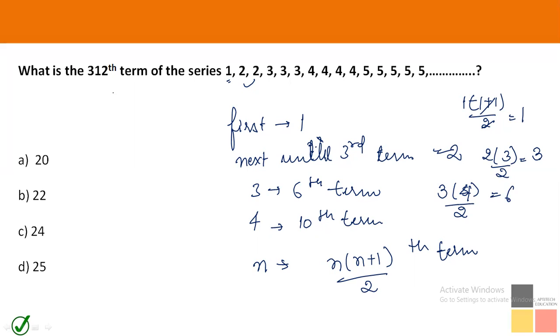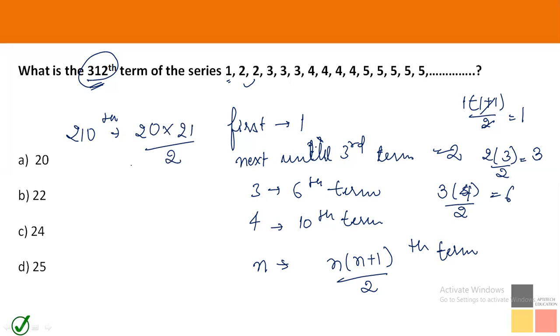I need to figure out something that is close to the 312th term, because I don't know whether I'll be able to get exactly the 312th. So I'll try to figure out a term that is somewhere close to it. Now if I look at the 210th term, I can make it very easily: 20 into 21 by 2.